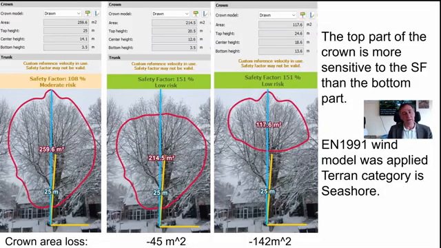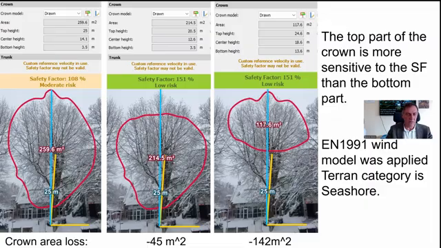Of course, sometimes it's easier to reduce the crown from the bottom, but this is not a realistic image. But if we would do that, we can achieve the same result, safety factor about 150%, but the crown reduction is much higher because the wind speed at lower level is lower and the effect of crown reduction is not so effective.